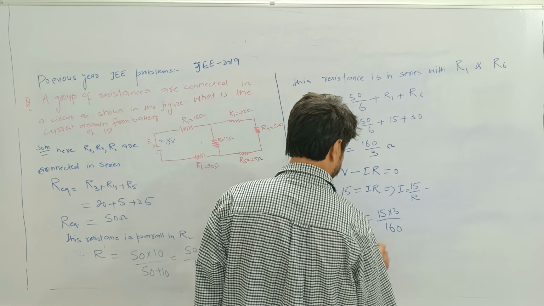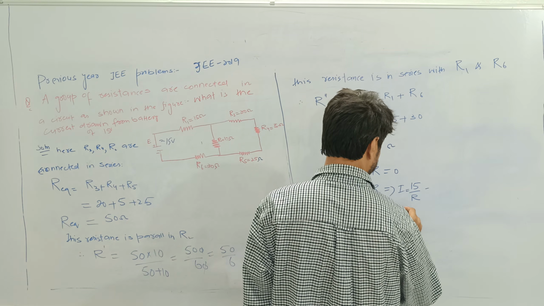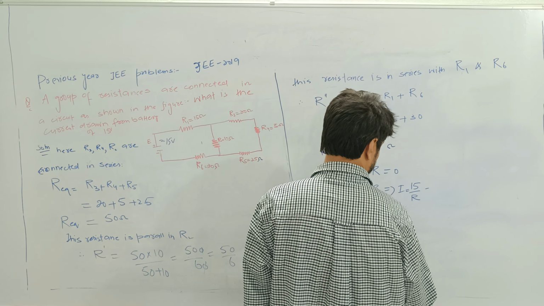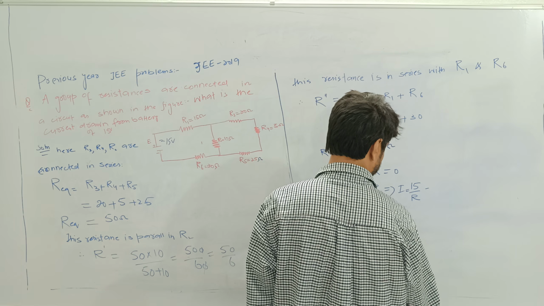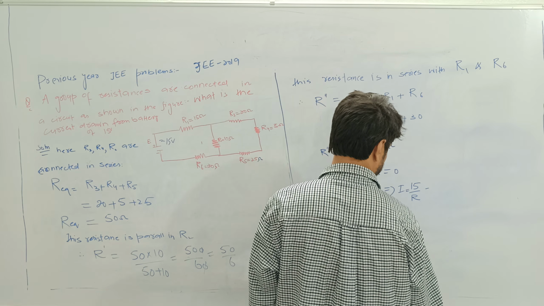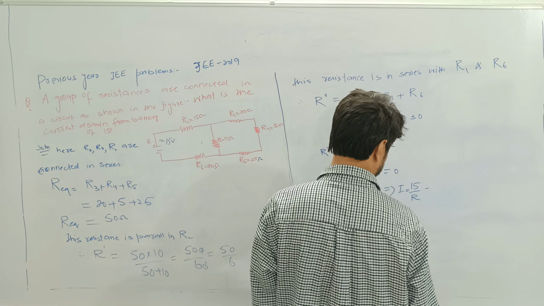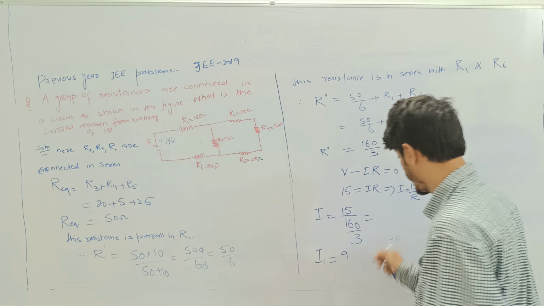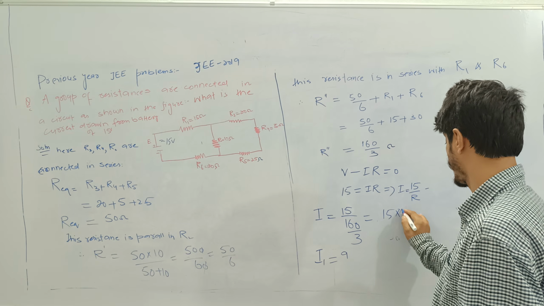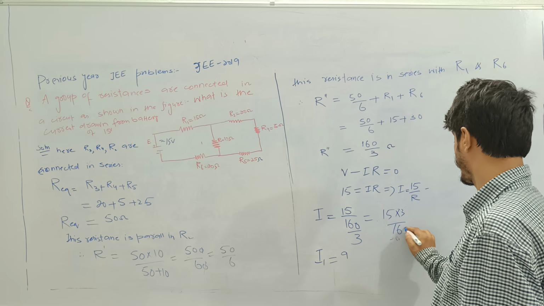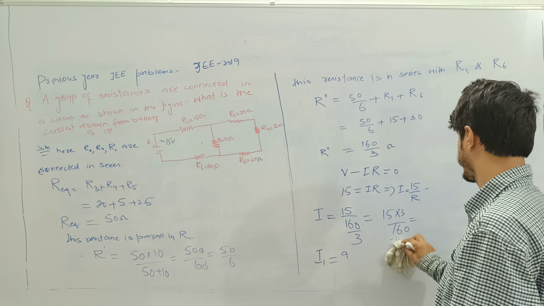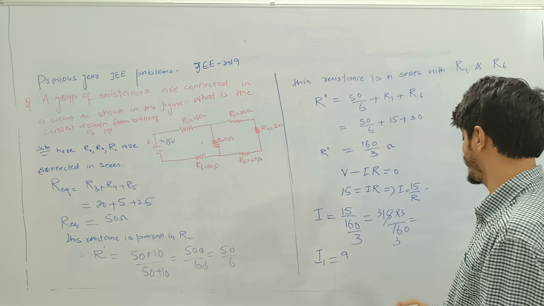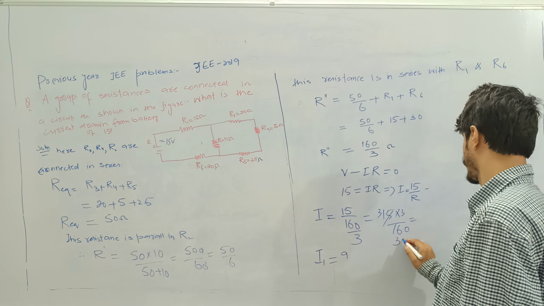Five threes are 15, and 5 twos are 10, so it reduces.